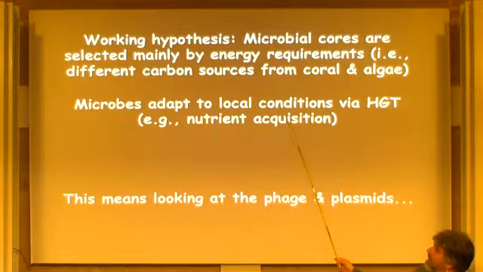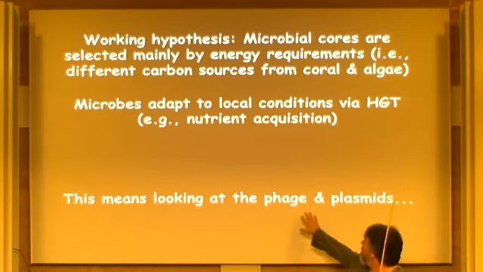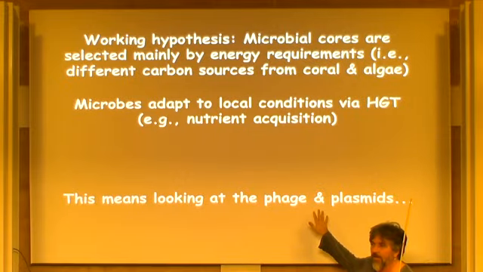And the microbes in these conditions are adapted to an island by island sort of regime via horizontal gene transfer events, right? Things like nutrient acquisition. Which means that what we need to really know is what's going on with the phage and the plasmids, which is the thing that we're doing right now.